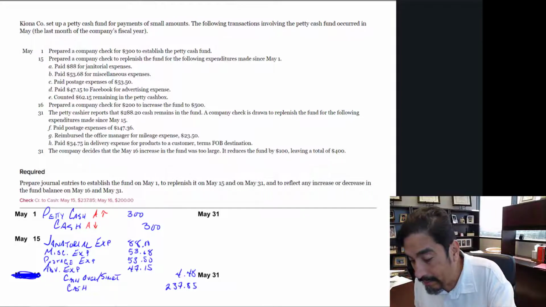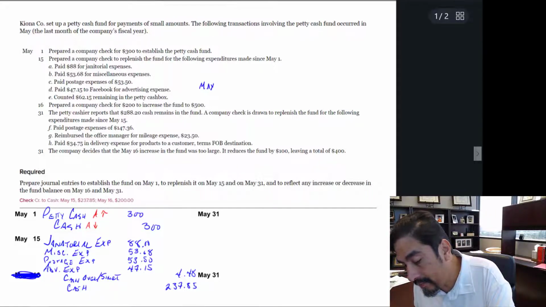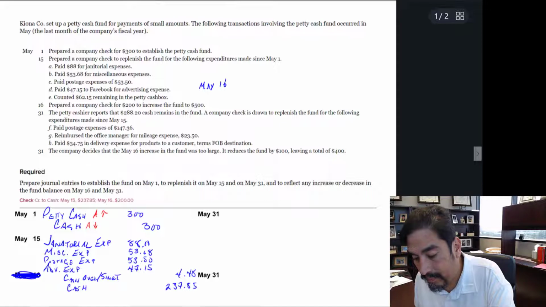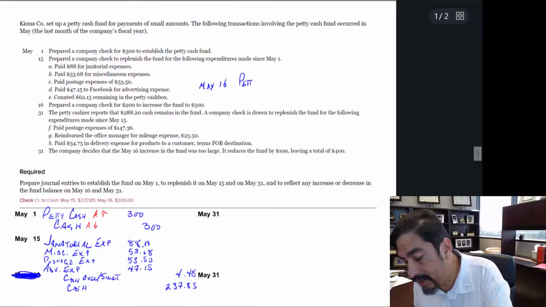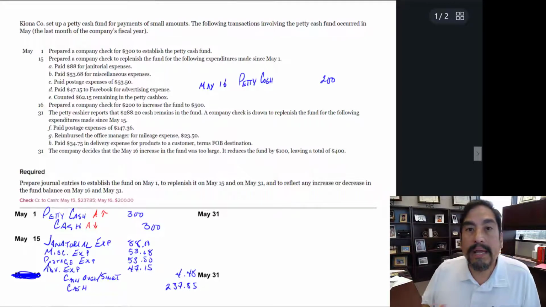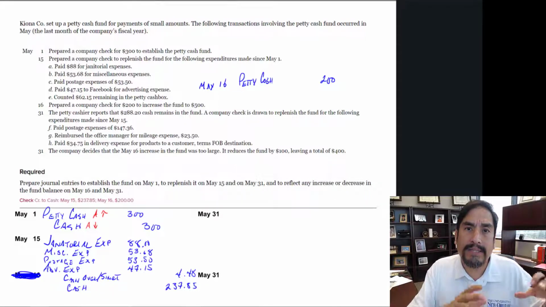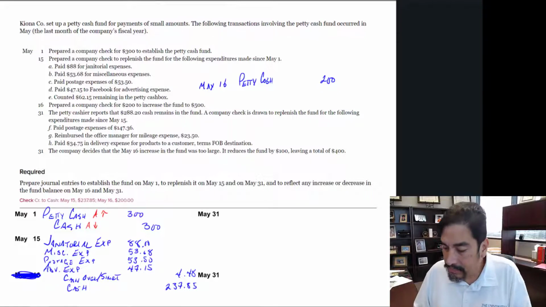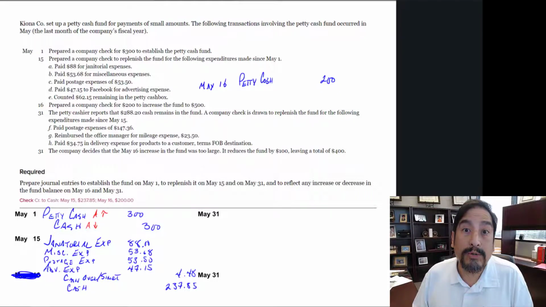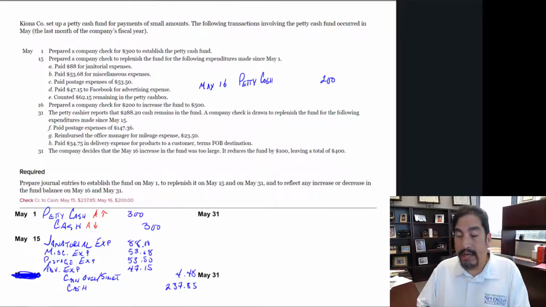I'm going to write it up here. On May 16th, we're going to debit petty cash for $200 because I want to increase that asset account called petty cash. I'm increasing the amount of physical cash in the petty cash metal box from 300 to 500, so I'm increasing it another 200.